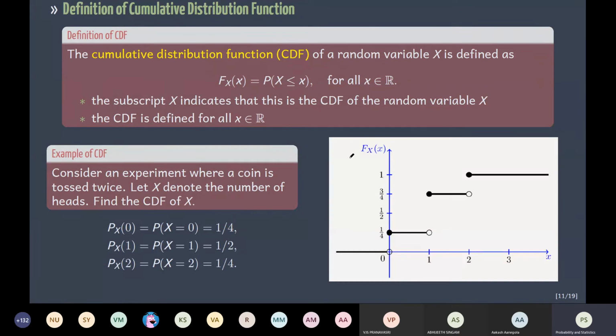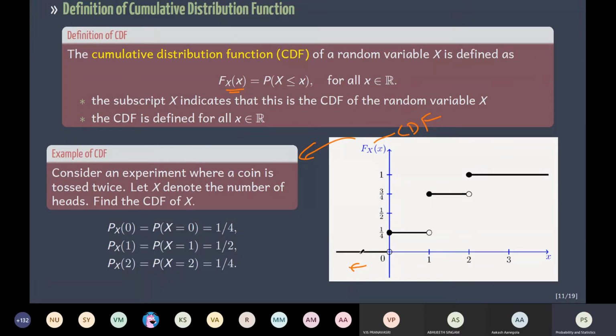So if we draw the CDF for this experiment, then this is how the CDF as a function will look. So you see the way we have defined it, the random variable is indeed not taking any value before 0. So here we define the probability to be 0, because the probability of this event occurring is 0 anyway, right?